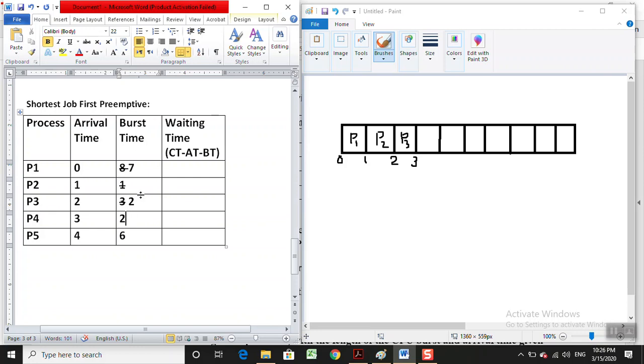Both are equal, so P3 can continue its job here, or P4 can be scheduled. Let us assume that it has 1 millisecond. Now which one will be scheduled? P4 has to be scheduled, because P4 has a lesser burst time now.